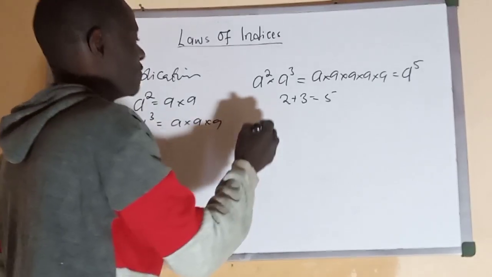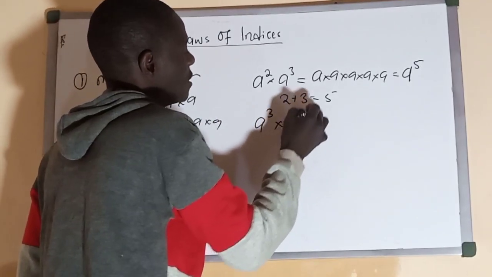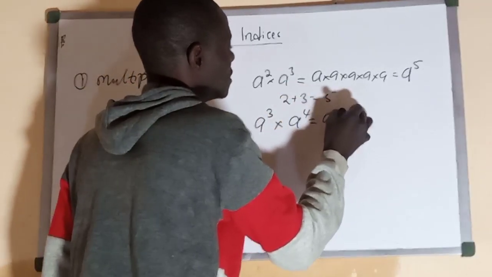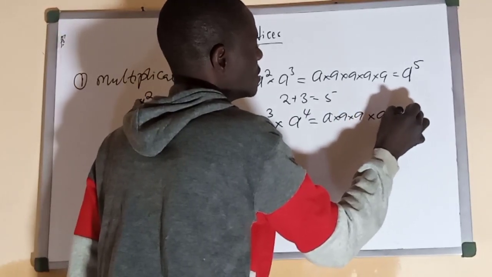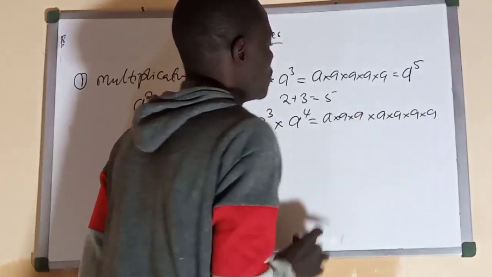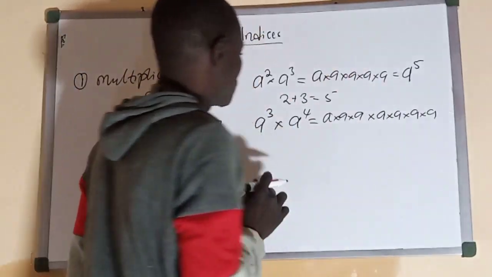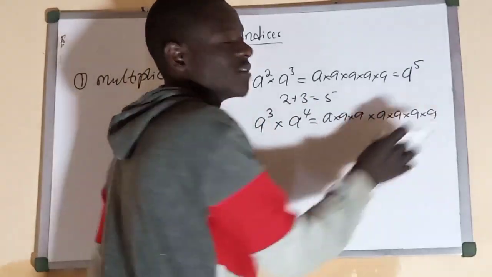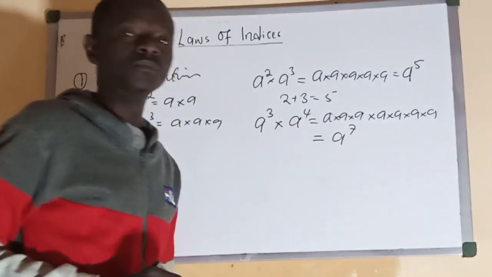Assuming we have another example, let's say a power 3 times a raised to the power of 4. We are going to have a times a times a, then times a times a times a times a. When you count it, you see 1, 2, 3, 4, 5, 6, 7. We are going to have a raised to the power of 7.